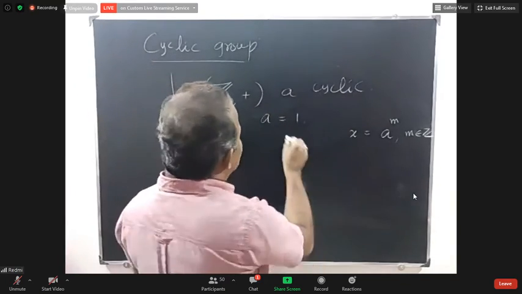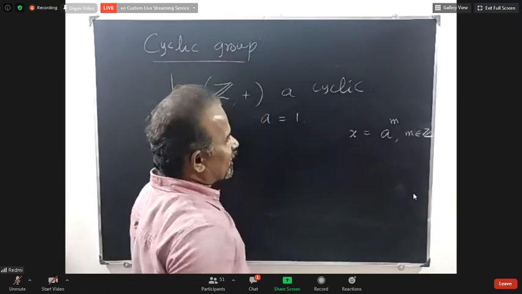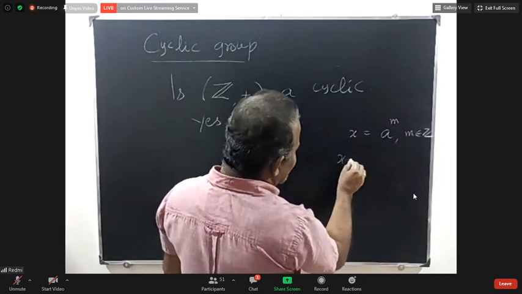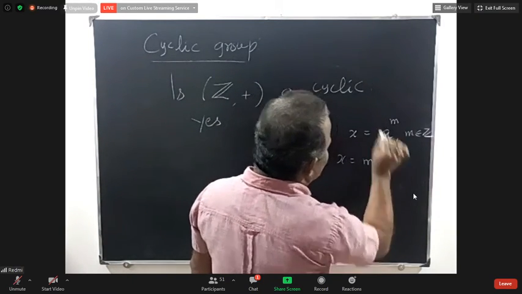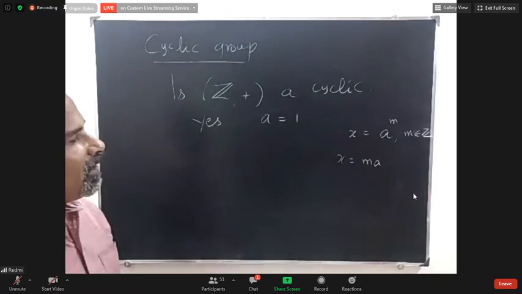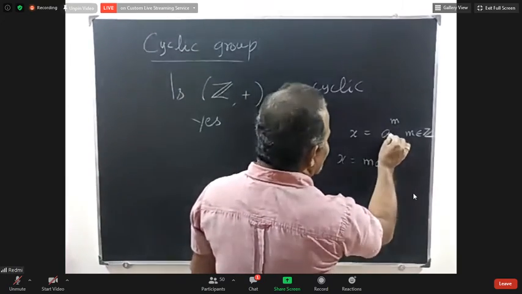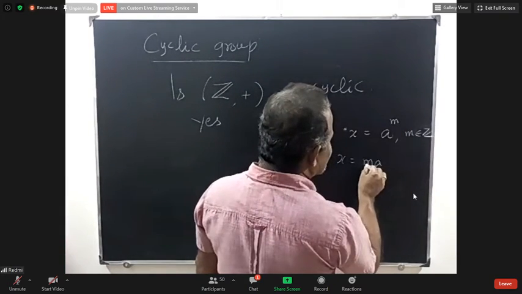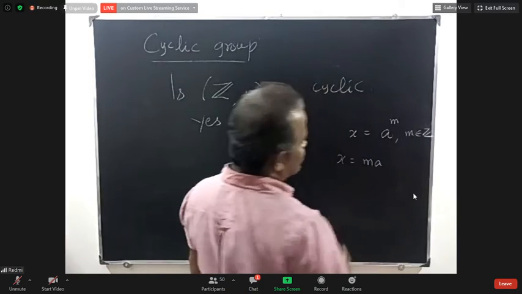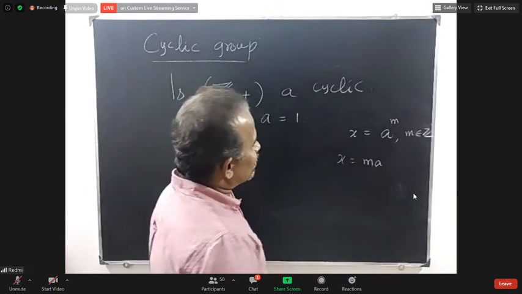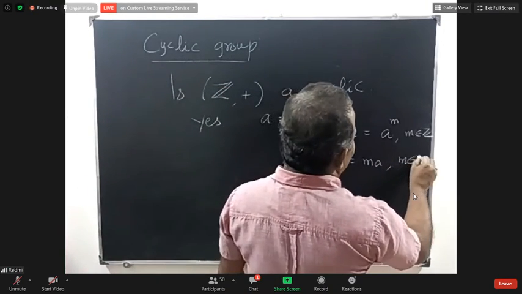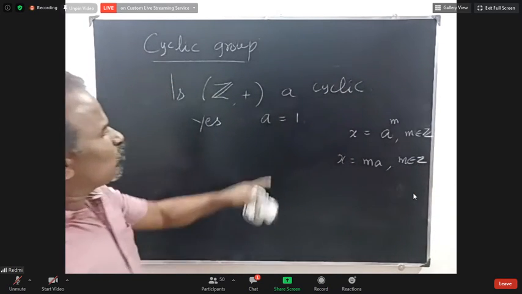Now I am saying that this is a group with respect to addition. The same definition, I can write x = m times a. Because in multiplication it is a times a, m times, and here it is a plus a, m times. Both the things are the same. So again m belongs to Z. So one is a generator.